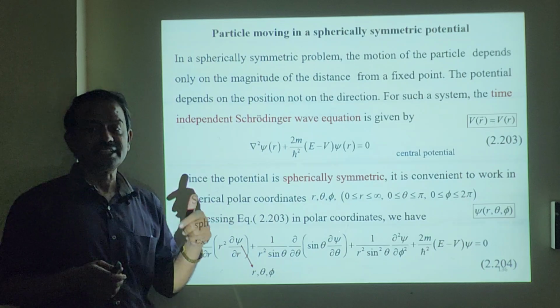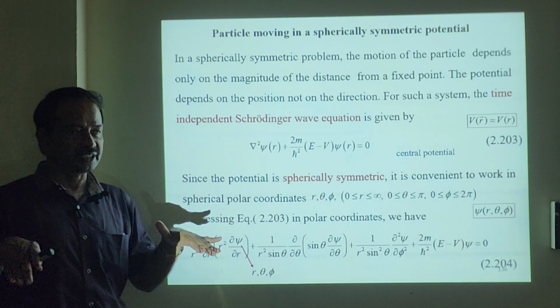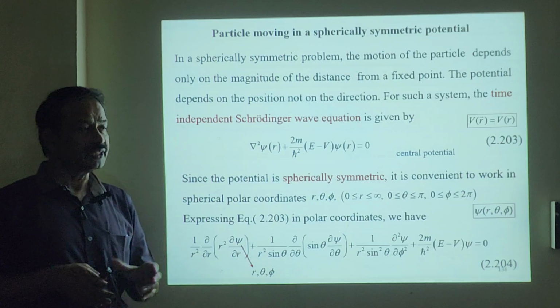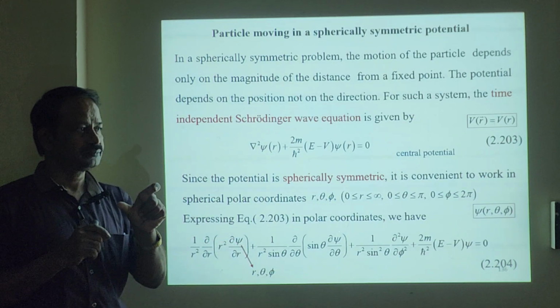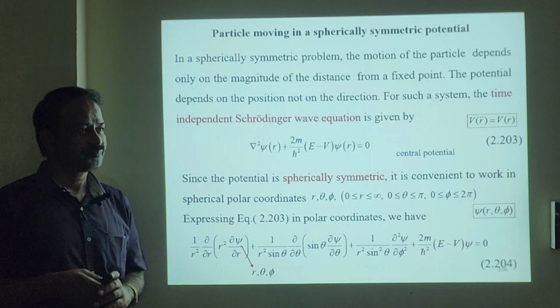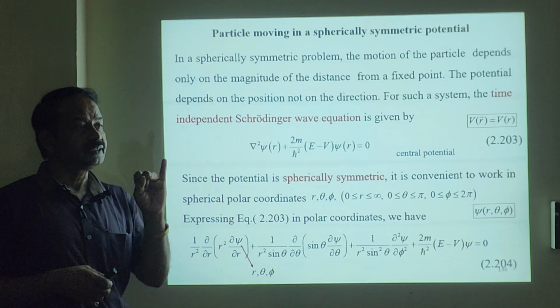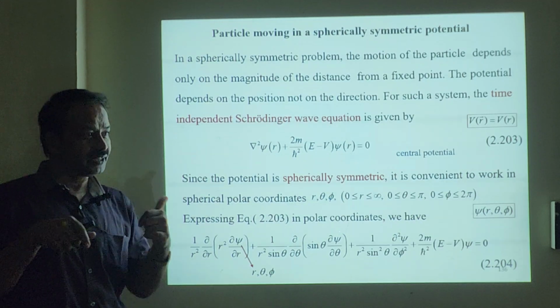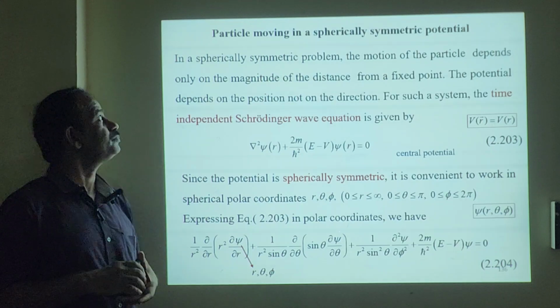One session is for the technique we are going to follow, that is the separation of variables. Another is the two-body problem. These two concepts will be used for our next session, where we are going to learn the hydrogen atom and the rigid rotator. For that we need these techniques. So that's the idea. Okay, we will start the problem.